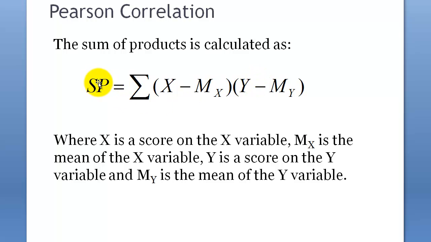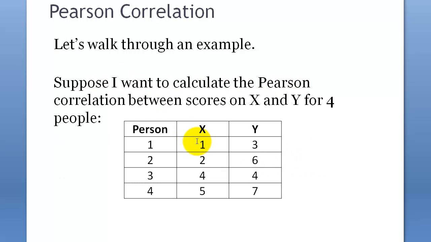So the product is basically this: this minus mean x times this minus mean y.